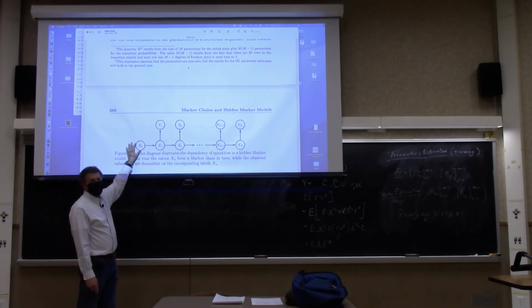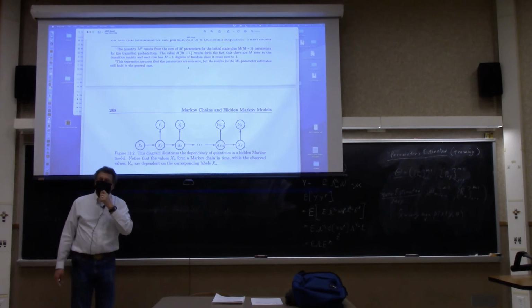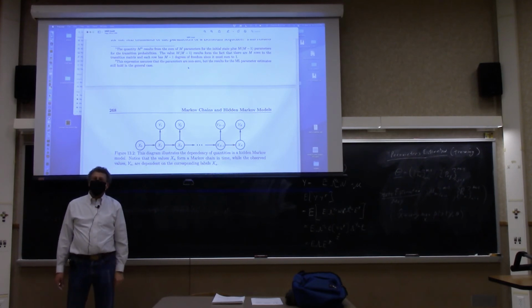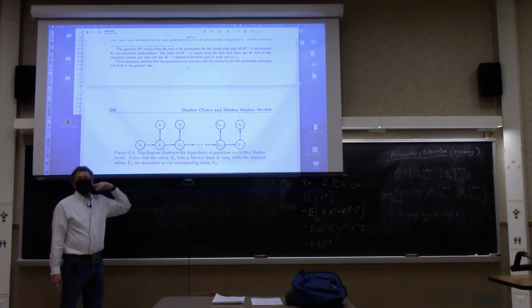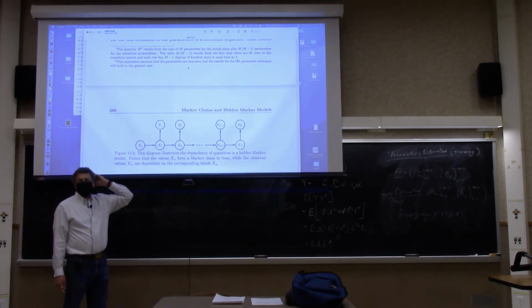If I only have one value of x, so I have one observation, the initial state is 2, okay? So then what's the probability distribution? My maximum likelihood estimate for the probability distribution of the initial state is that the probability of state 2 is equal to 1, right?